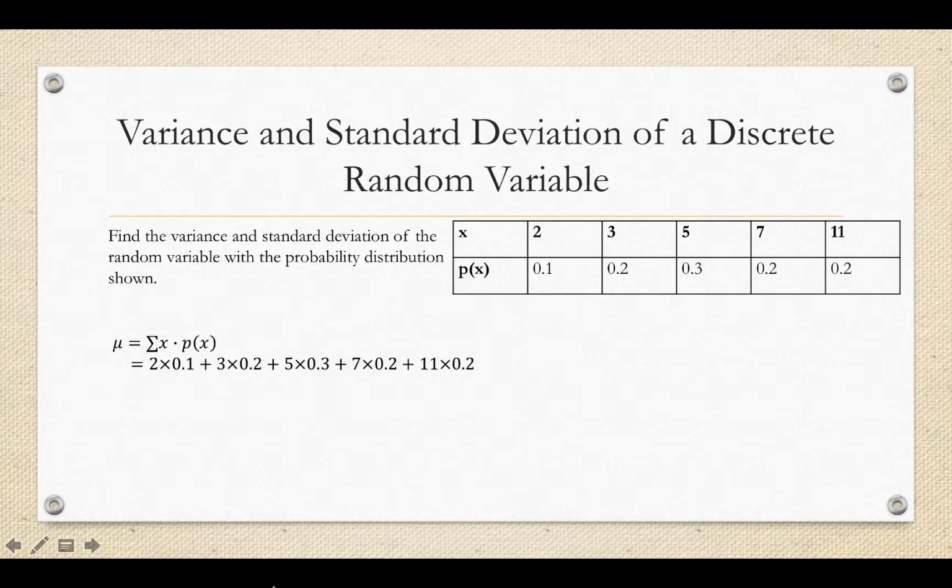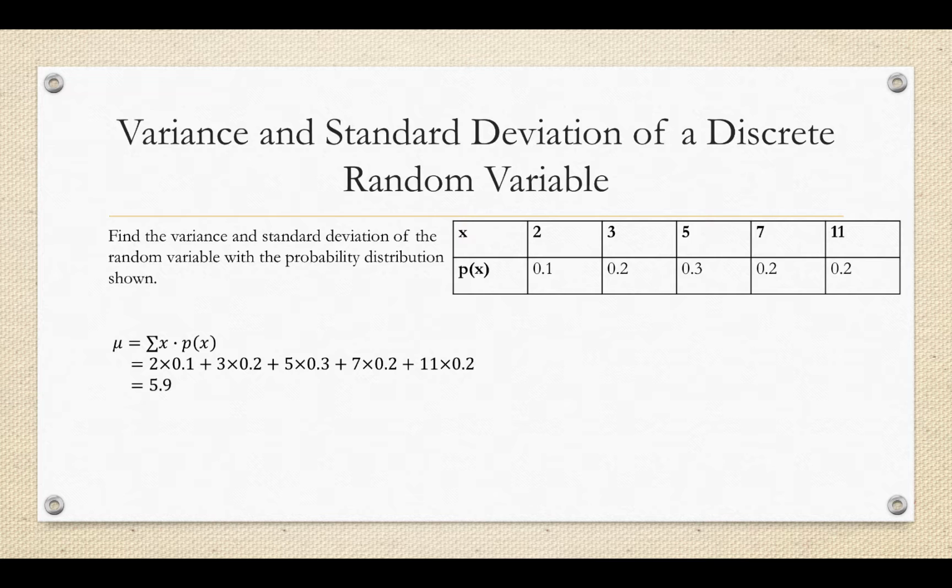So that gives us 2 times 0.1 plus 3 times 0.2 plus 5 times 0.3 plus 7 times 0.2 plus 11 times 0.2. So you can see each one of these is just simply 2 times 0.1 plus 3 times 0.2, etc. Now that gives us an expected value of 5.9.